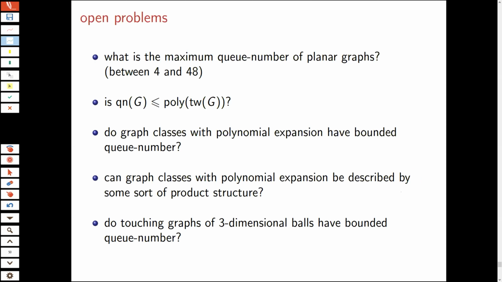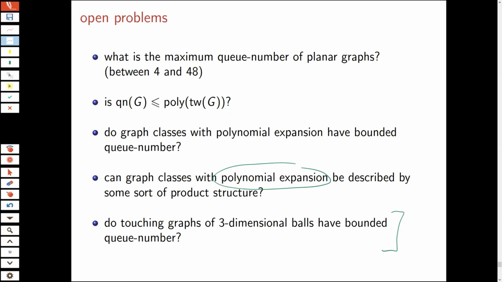But if you go to 3 dimensions, that's an open problem. If you solve this question, I bet you're going to discover some beautiful structure about touching graphs of three-dimensional balls, which would be useful for lots of problems. And then this would be a key example of classes with polynomial expansion. And then it's probably going to say something more general as well. So these are the sorts of questions I think are important.